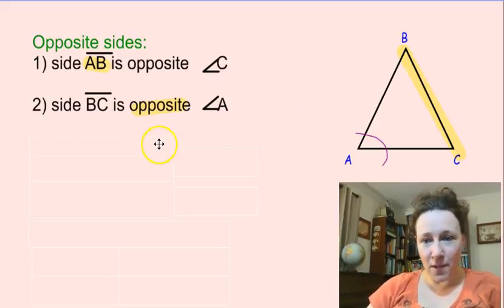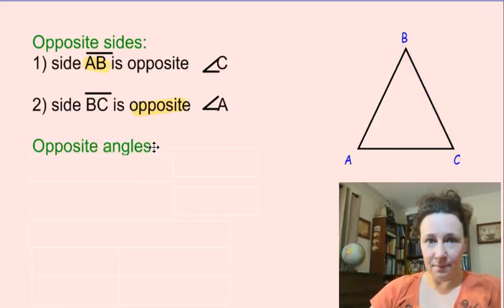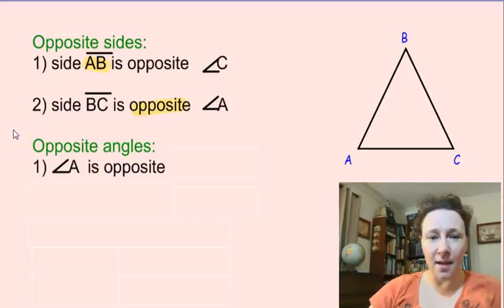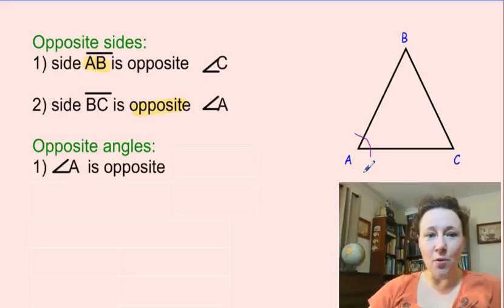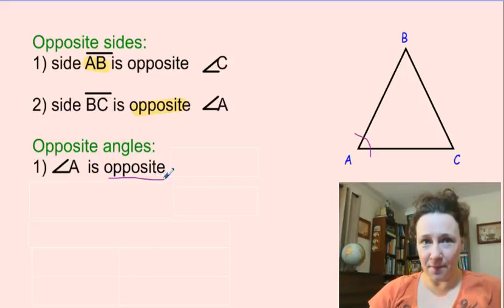Okay, let's move on with the next question. We're focusing on angles this time. Complete the statement, angle A is opposite. Now, let's mark angle A first. Here it is. We know that an opposite element should not be touching the angle itself.